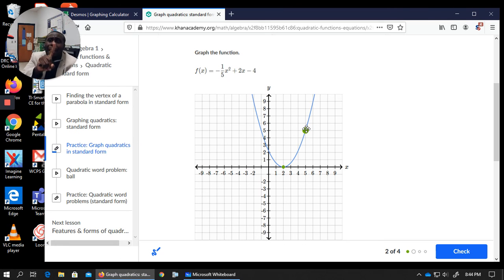Drag it to any of those other 4 points that I've asked you to put in that table of values. So once you've got the vertex where it needs to be, just drag this other point to any correct place.